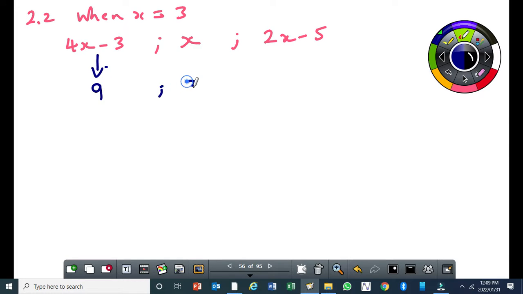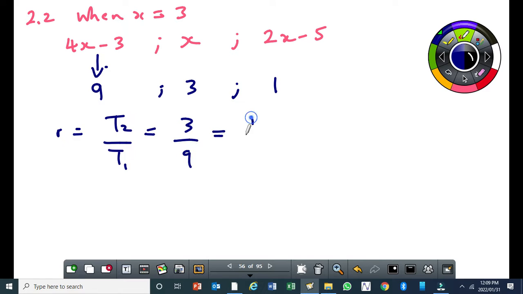Then this is a 3. 2 times 3, that's 6. 6 minus 5, I'll get a 1. And remember, the sequence is geometric. So the common ratio will be T2 over T1. So that's 3 over 9. And that will give you a third. Yes, it's geometric.